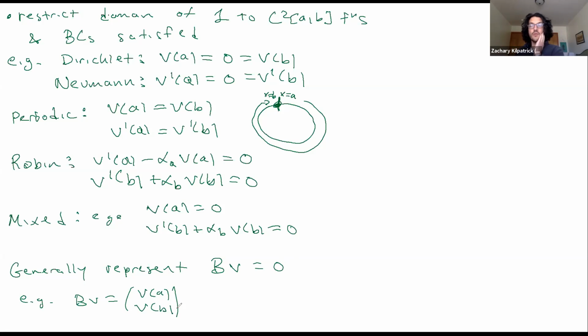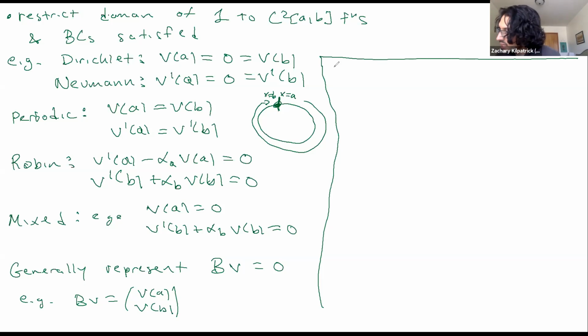So now we have this way of representing these problems more generally. We don't have to just deal with a nicely behaved heat equation example. This could come from any number of PDEs. Okay, so let's start doing some work on this differential operator.